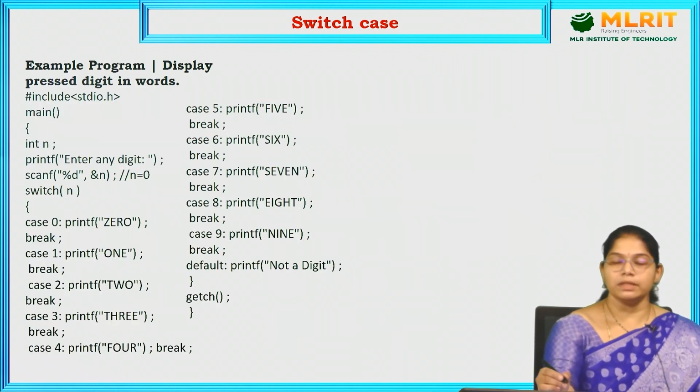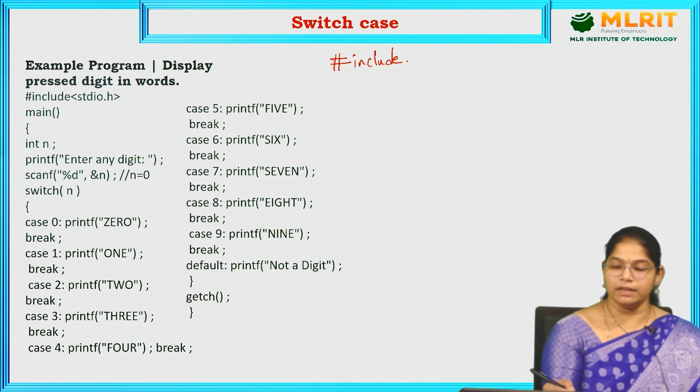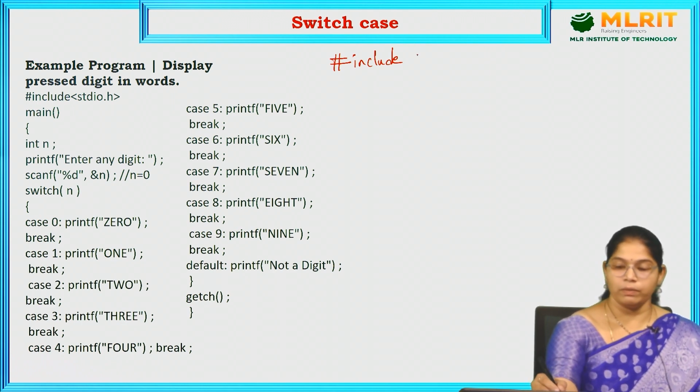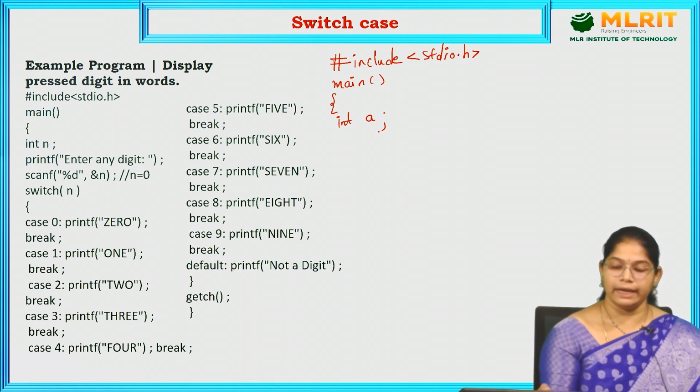First we'll go with a simple program. Here I'll write the entire program. Here we could have 10 cases, 9 cases, but I'm going with only 3 cases. stdio.h, then main, then int a.